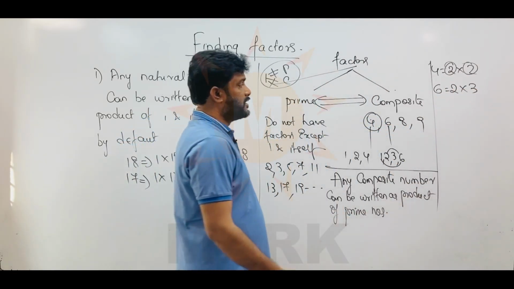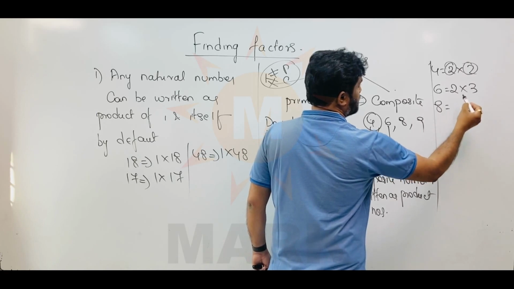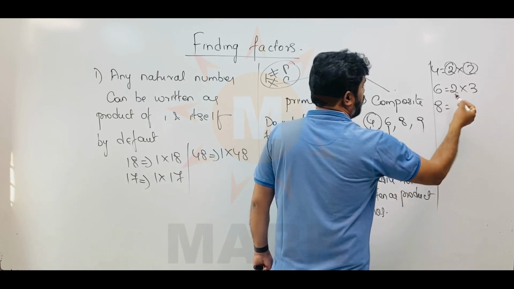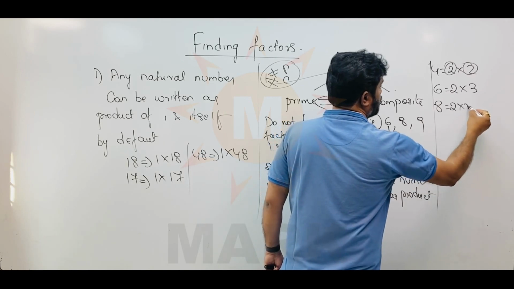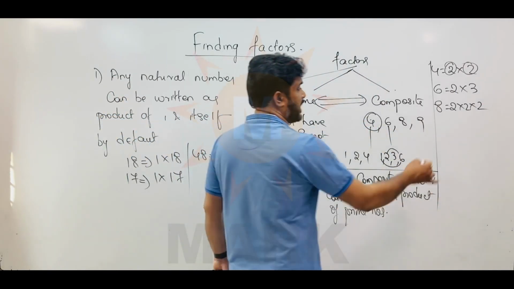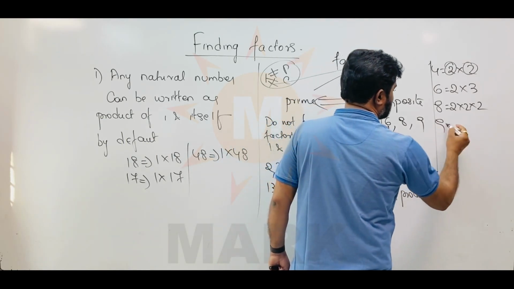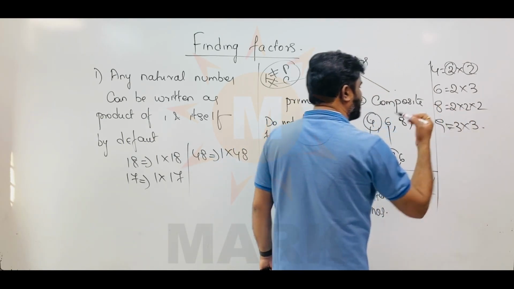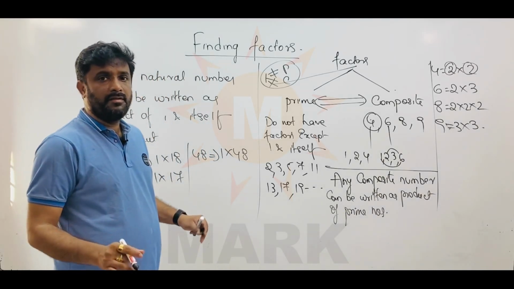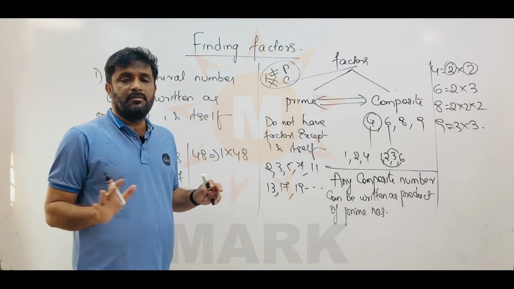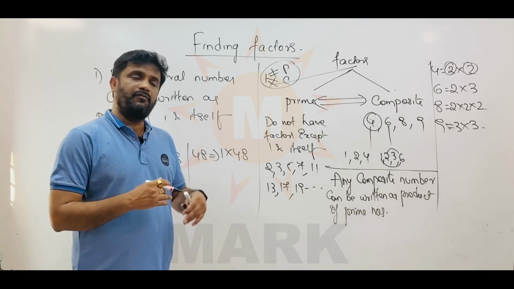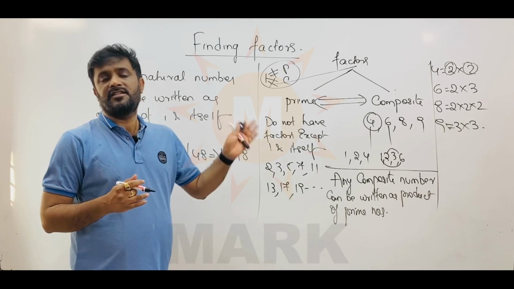Suppose if you take 8, it can be written as a product of prime numbers, 2 into 2 into 2. Suppose if you take 9, it can be written as 3 into 3. You take any composite number, you can write it as a product of prime numbers, apart from one into itself, which any natural number we can write.